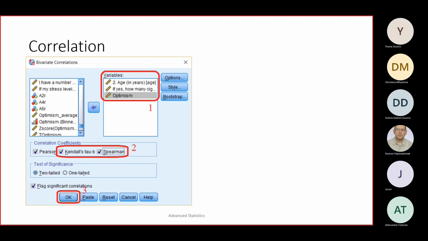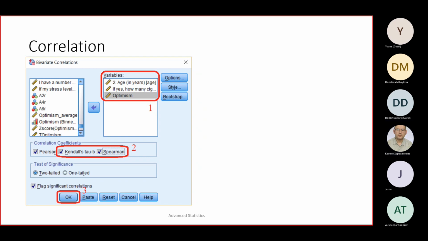So that means that if Pearson correlation is statistically significant, then there is linear relation, linear model between two variables.